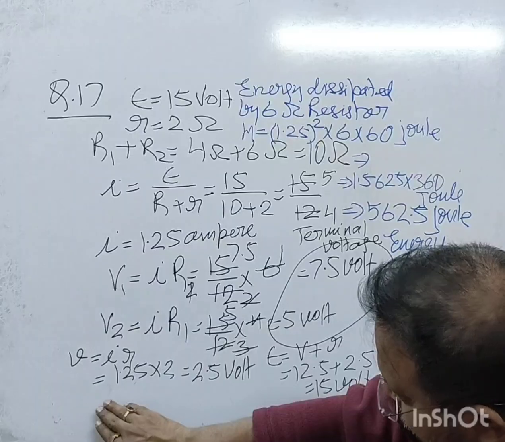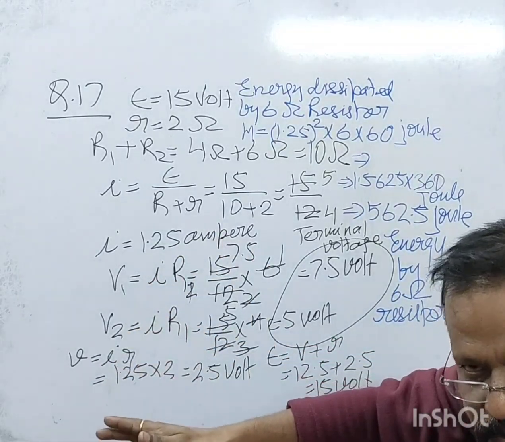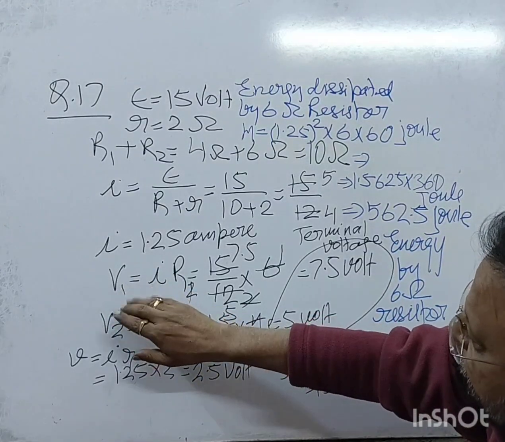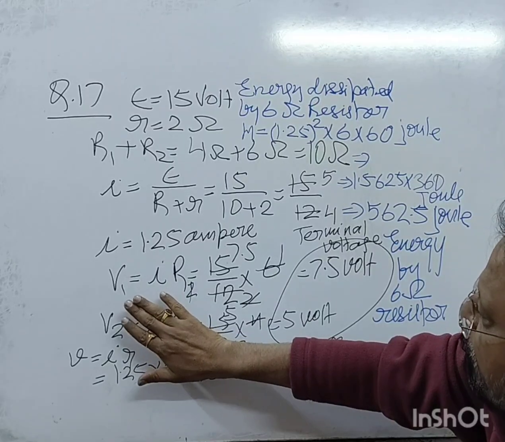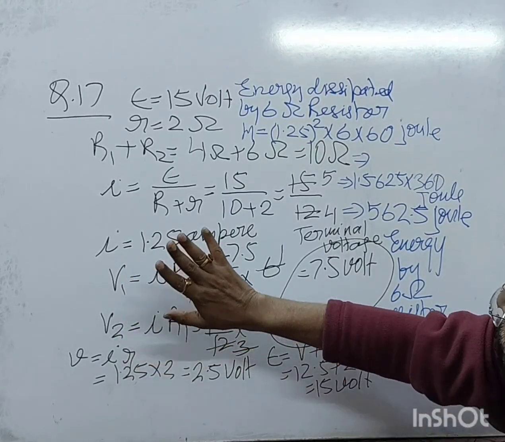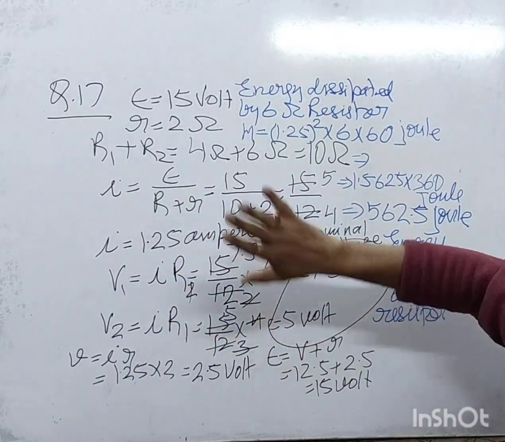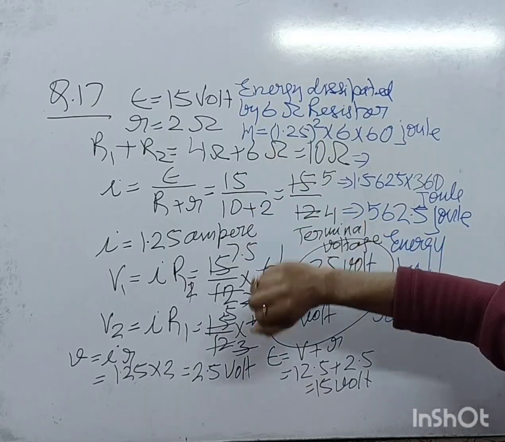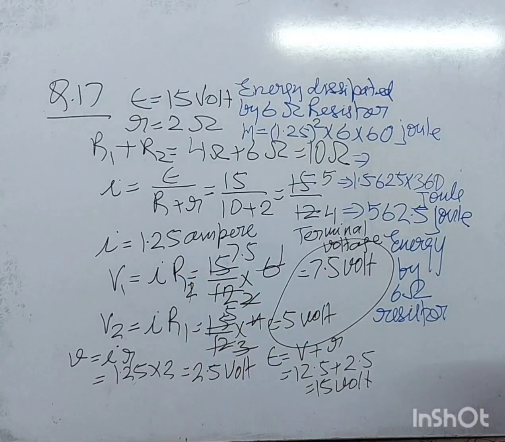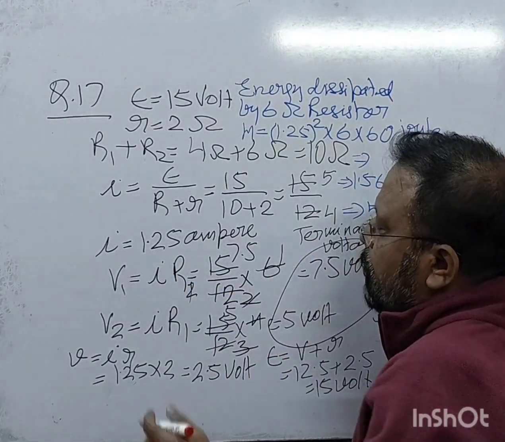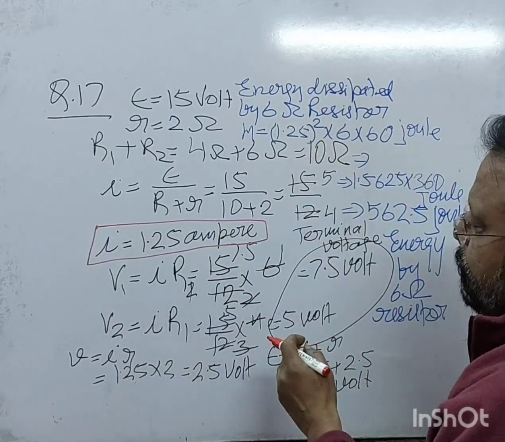This voltage drop, potential difference in the first resistance, we do not want all this. Energy is H is equal to I square RT. I is given to you or not? I we have found. After that, directly you can go like this. I was just checking if we are doing correct or not.